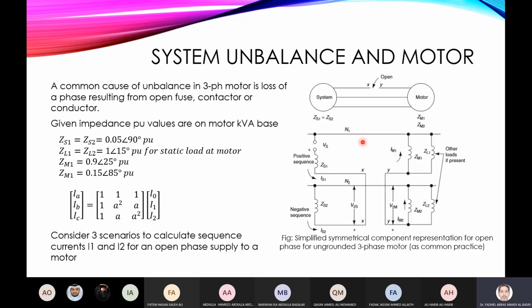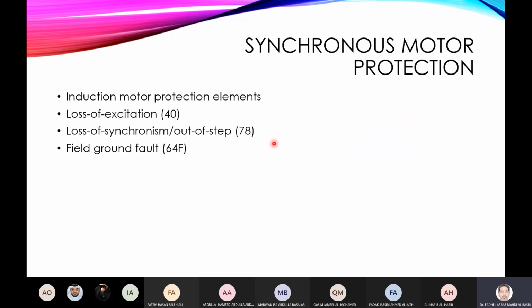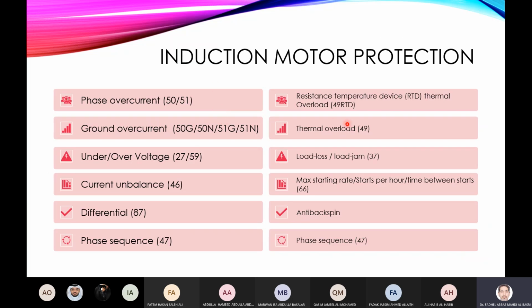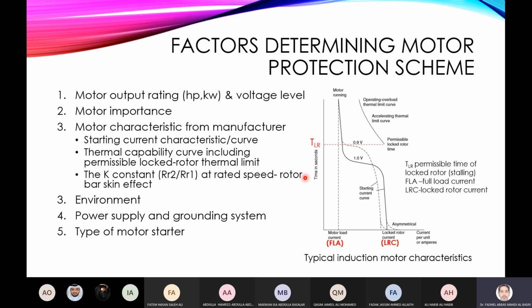Now, how do you choose those elements that I have mentioned earlier here? Which of these do I have to use? All of them or some of them? All depends on the factors I have mentioned here: the importance of the motor, the kVA rating, the size and voltage level.